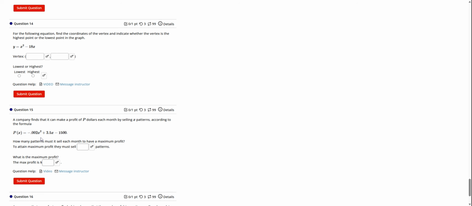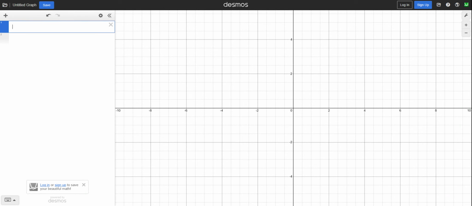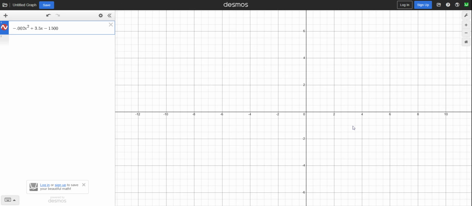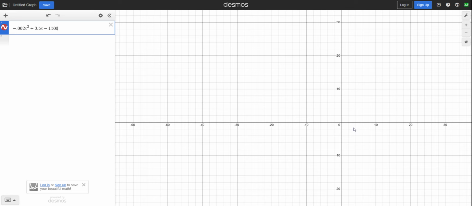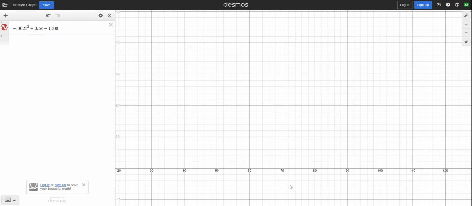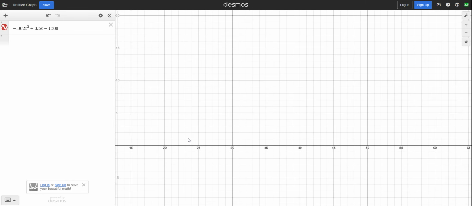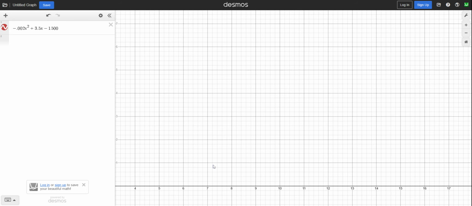Aha, number 15. This is ugly. Negative 0.002x squared plus 3.5x minus 1500. So let's go to Desmos.